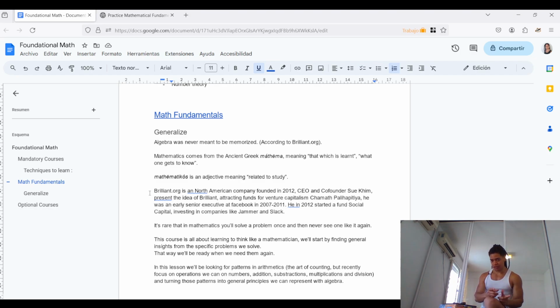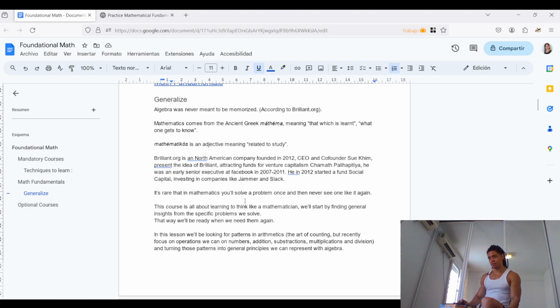So mathema stands for that, and it is rare in mathematics that you solve a problem once and never see one like it again. According to them, this course is all about learning to think like a mathematician, meaning someone that gets to know, specific patterns and designs.